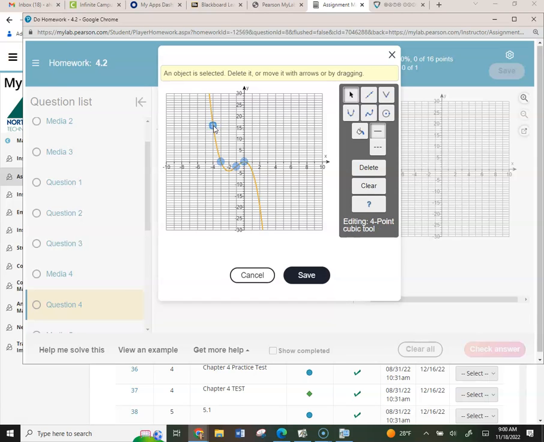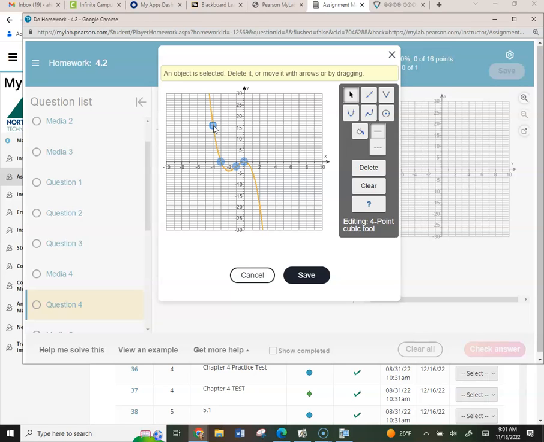Okay. So here's how you do it in MyMathLab. You're going to do the problem on paper exactly like what we just did with that example. When you go to graph it in MyMathLab, because it's cubic, they want you to graph 4 points, and they need to be in order. I don't know if you saw when I was trying it at first, I plotted both zeros, and then I tried to graph the one in the middle, and then it messed it up.